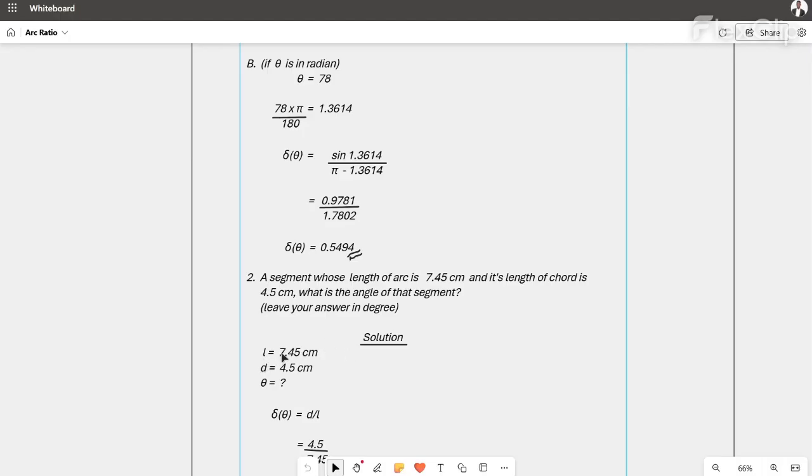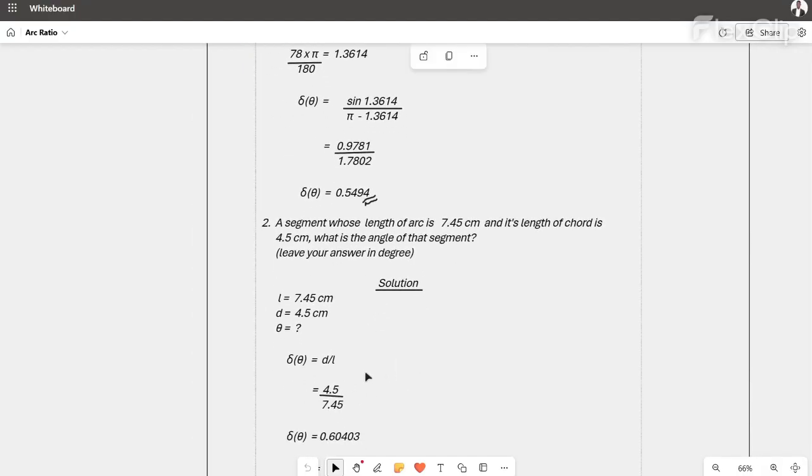Now, let's use the parameters. L, which is the arc length, from that diagram is equal to 7.45 centimeter. D is equal to 4.5 centimeter. Theta is unknown, which is the angle we're supposed to find. Then delta theta is equal to D all over L, which is 4.5 all over 7.45.